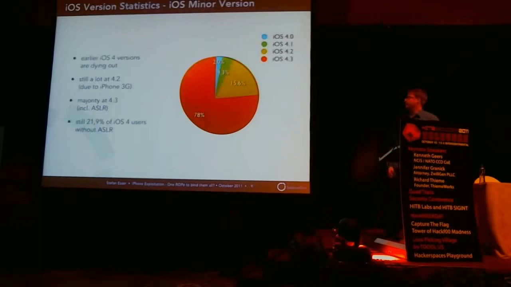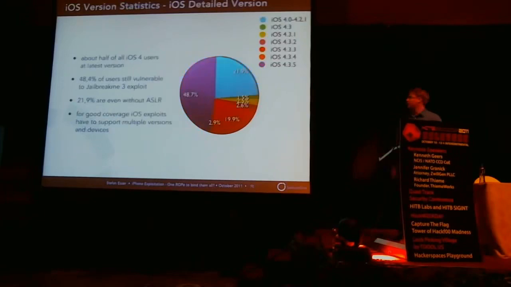Now when we look at the minor version, we see that the earlier iOS 4 versions are dying out, and there are still a lot of 4.2 users, most probably in Germany because of the iPhone 3G, which can only run 4.2.1, and we have a lot of iPhone 3Gs in Germany. The majority is, however, on 4.3, which includes ASLR, but you see that about 22% of the users are running without ASLR.